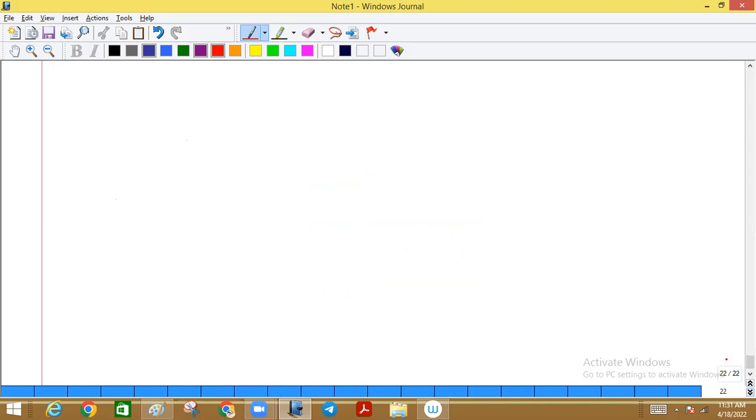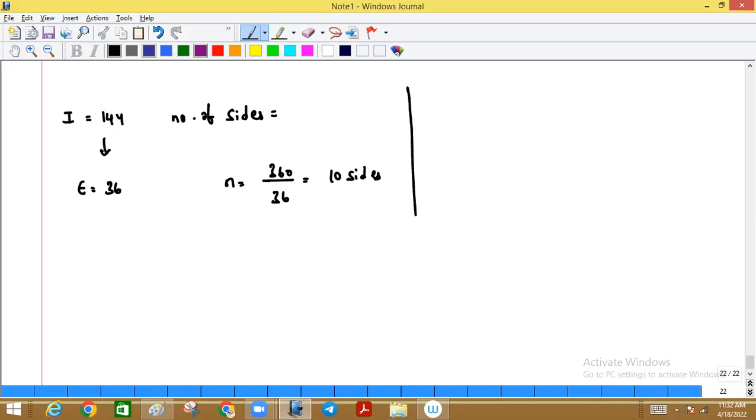If I give you each interior angle is 144, find the number of sides. Interior 144 means exterior 36. Number of sides is 360 by what? 36. Therefore, how many sides?